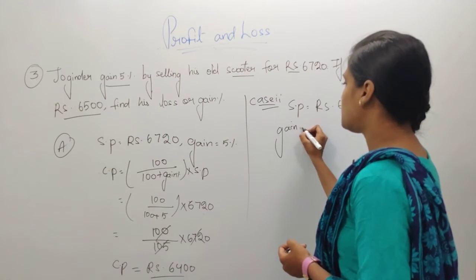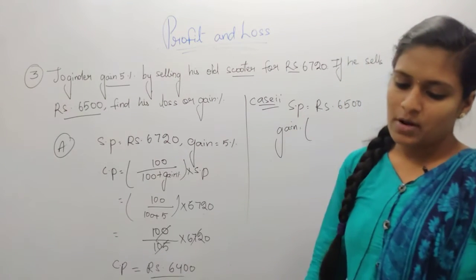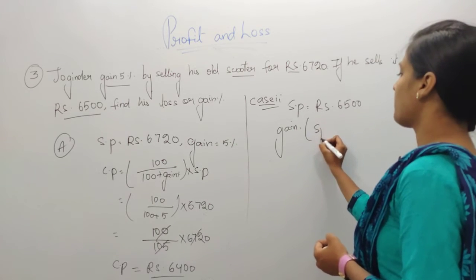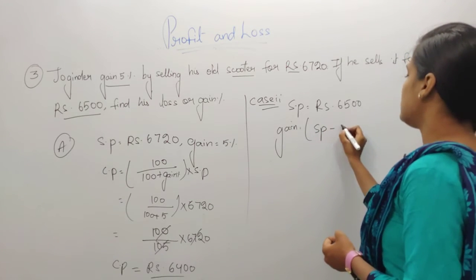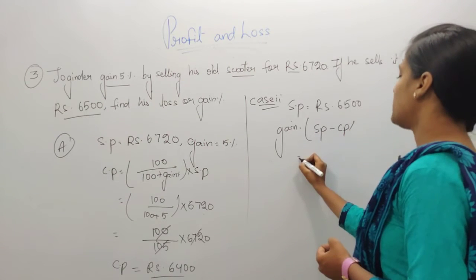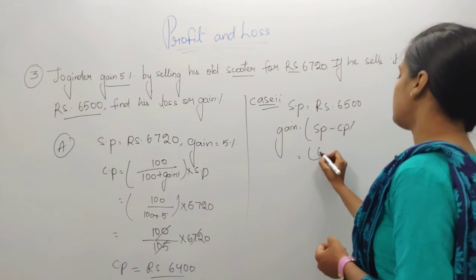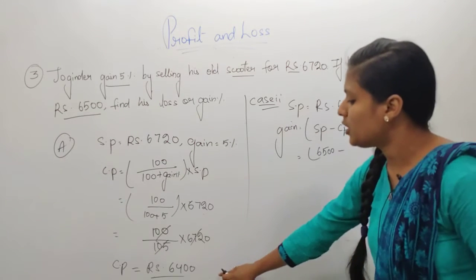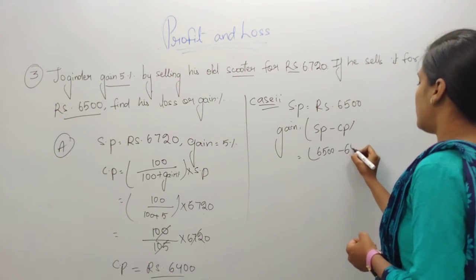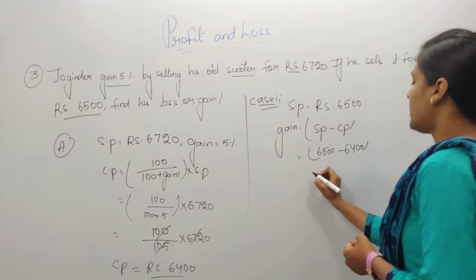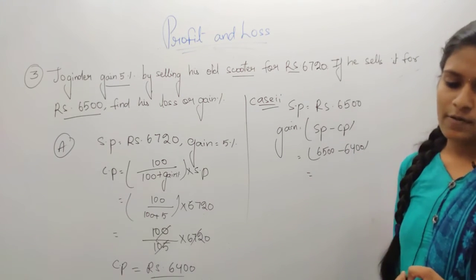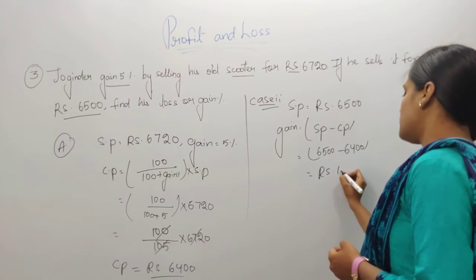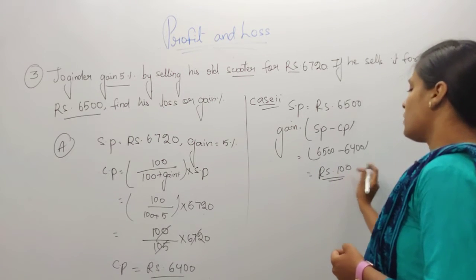Gain is equal to SP minus CP. SP, how much is given? 6,500. 6,500 minus cost price 6,400. By doing the subtraction, what answer do we get? Rupees 100. Rupees 100 gain. Okay. We found it.